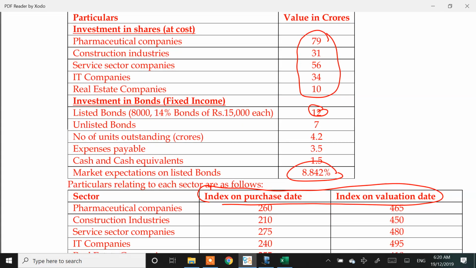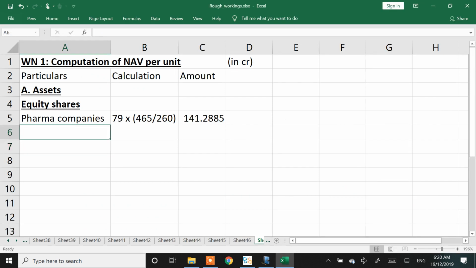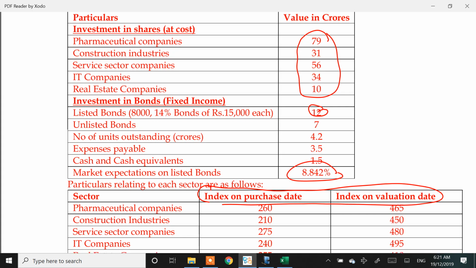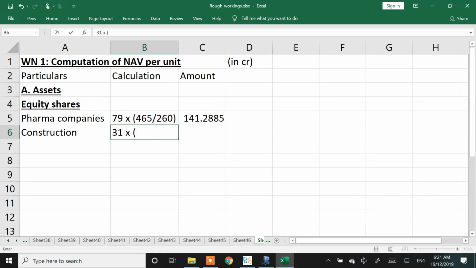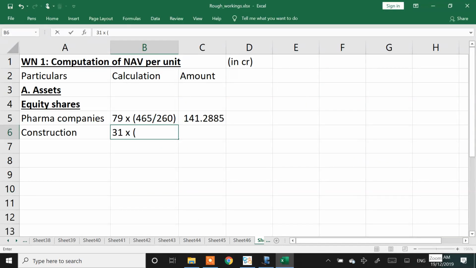When I had made the investment, the index was at 260. Now the index has gone up to 465. My value would have also gone up. Next, construction industry: 31 into, what's the index value now? 450.